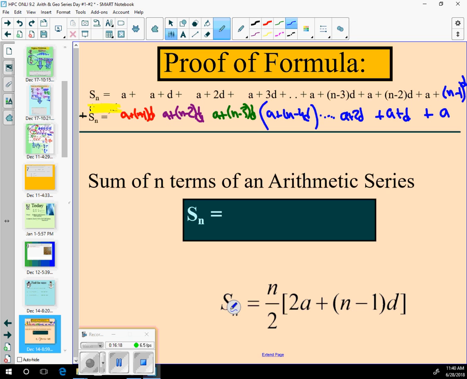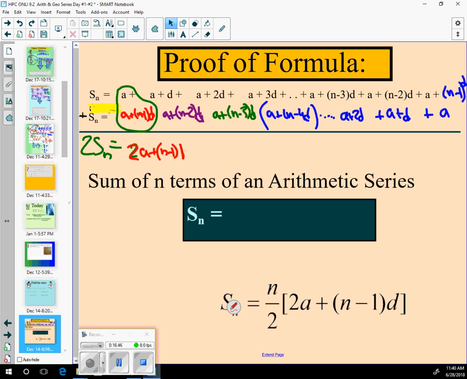And so when I add these up, you get S sub n plus S sub n is 2 S sub n, two sums, and then you're going to get 2a plus n minus 1 times d.